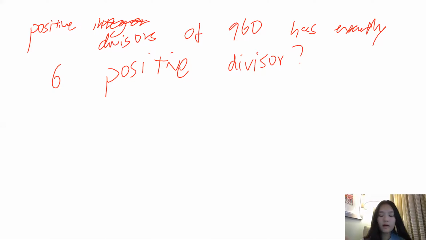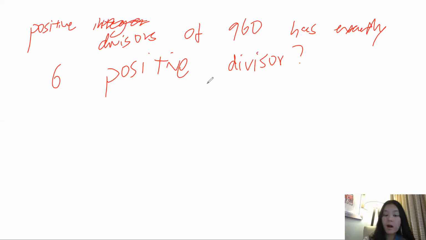So how we'll approach this is, first you look at this and you think, oh my God, this is such a hard problem, right? But if you really look close at it, we're just breaking this problem down into smaller parts to really understand what's behind it. So positive divisors of 960.